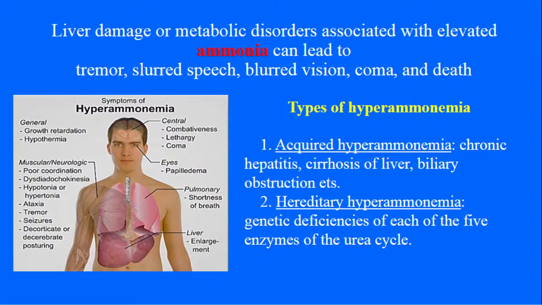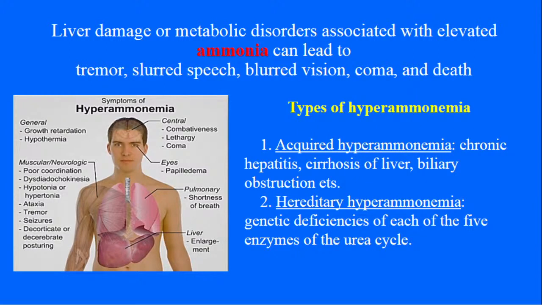We divide hyperammonemia according to the reasons into acquired, due to liver disease, usually chronic hepatitis, cirrhosis of the liver, or biliary obstruction and inhibition by bile, where our hepatocytes cannot work, cannot synthesize urea. And hereditary hyperammonemia due to enzymopathy, due to the genetic deficiency of enzymes of the urea cycle.